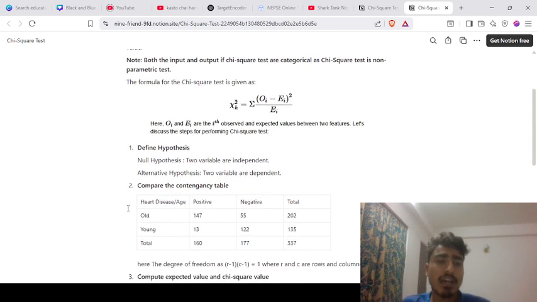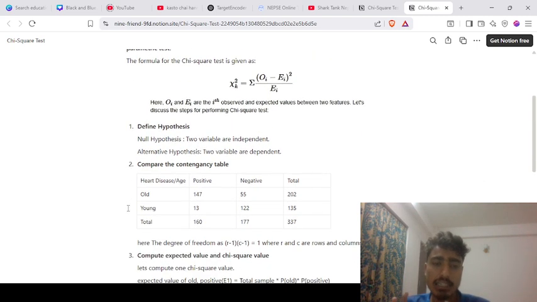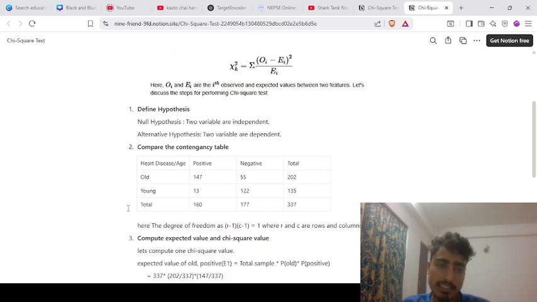I have taken heart disease with age as an example to compute the chi-square test. Here we can see it. The main feature in this heart disease data is age, categorized into two classes: young and old.